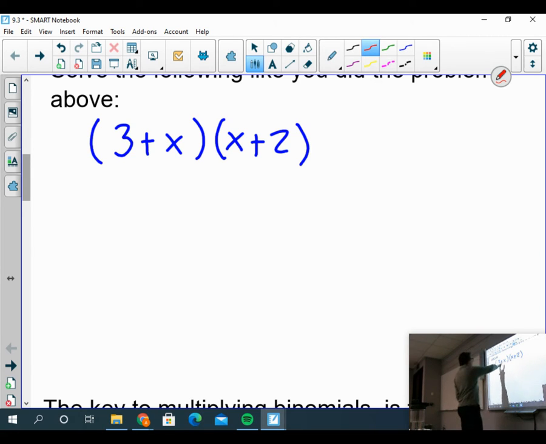Except now, instead of having one thing multiplied by the x and the plus 2, we have two things, okay? The logic isn't going to change here. What's out front, this parentheses, is being multiplied by the x plus 2. So I'm still going to need to distribute what's being multiplied by the x plus 2 to the x and the plus 2.